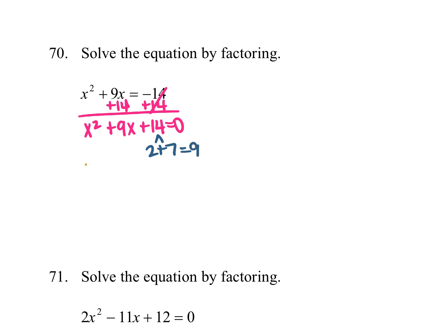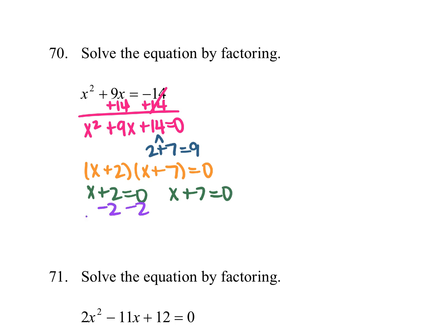So this is going to give us (x plus 2) times (x plus 7) is equal to 0. Set them both equal to 0 and solve. You have x plus 2 is equal to 0, x plus 7 is equal to 0. We're going to subtract the 2 over to get x is equal to negative 2. We also subtract the 7 over to get that x is equal to negative 7.